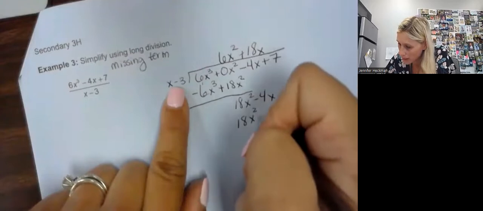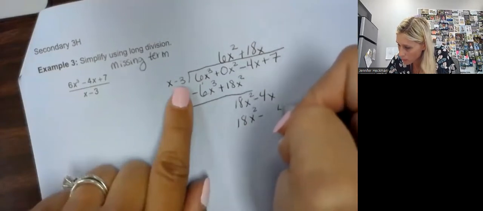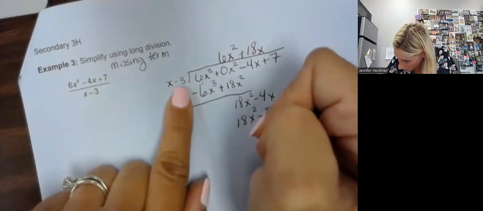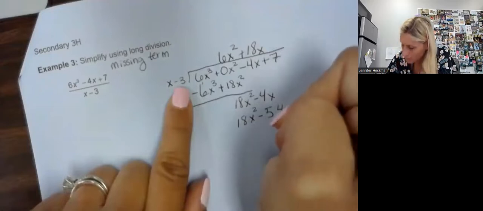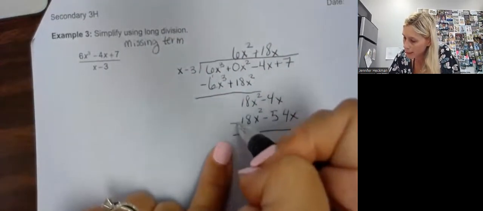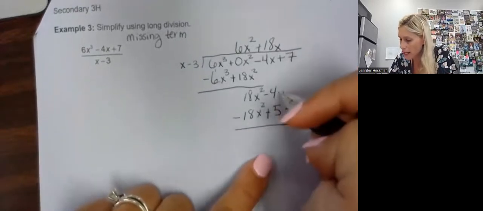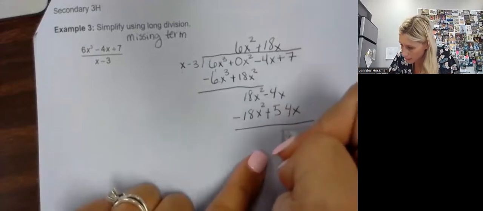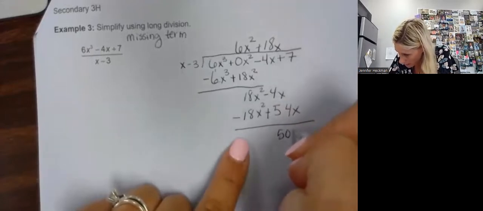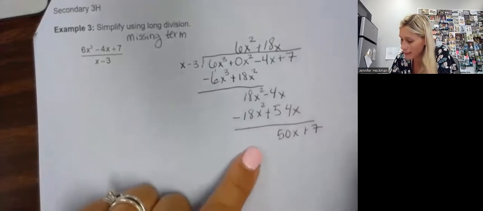This would be a negative, let's see, 4, 24, 2, 3, 54. Did I do it right? Okay, I'm going to change my signs to add, which is nice. So that cancels, and that is 50x plus 7. Bring that down.